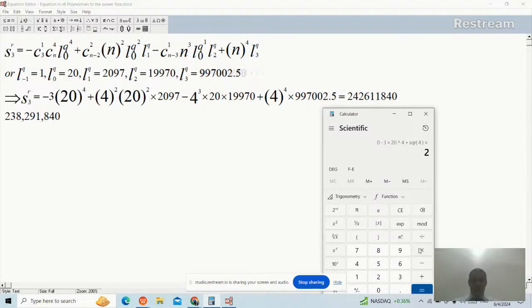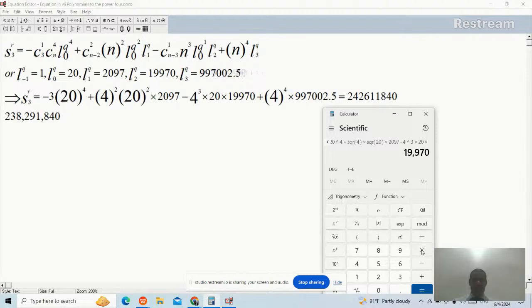Times 20 squared, learners, 2000 times 2097 minus 4 cubed, 4 raised to the power 3, times what? Times 20, learners.